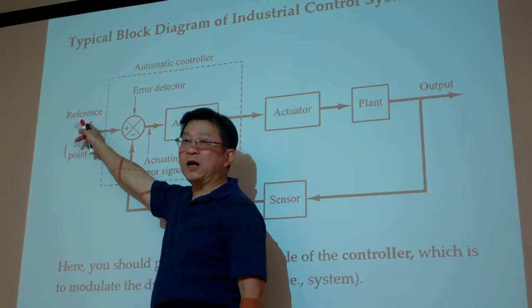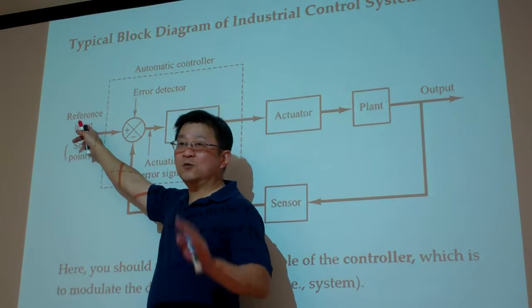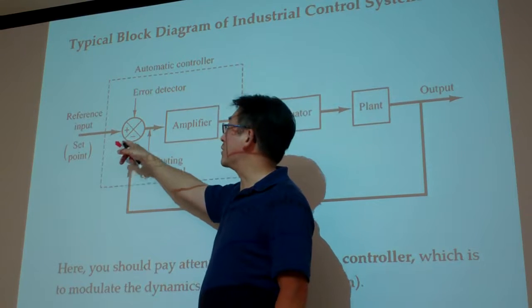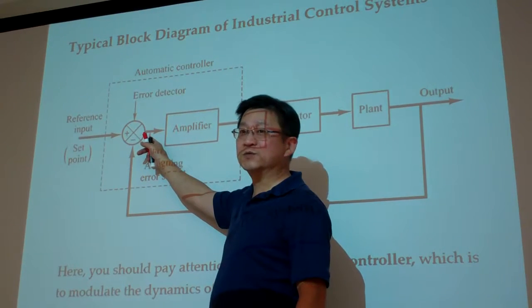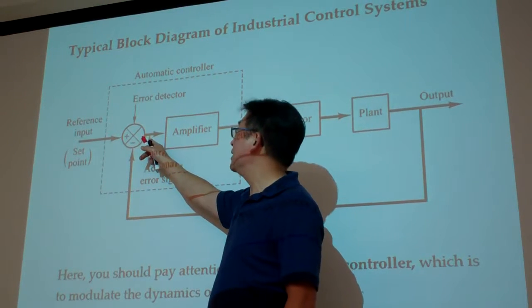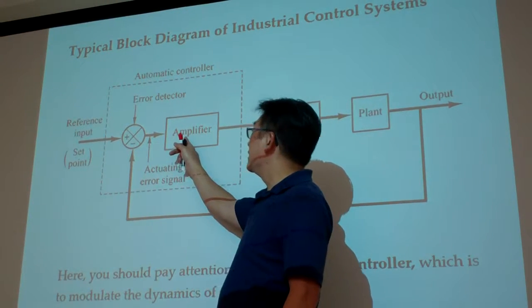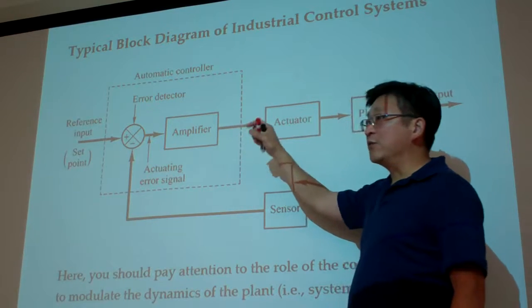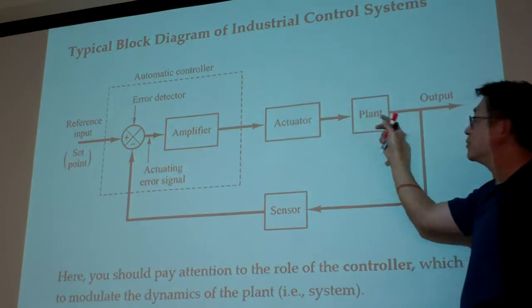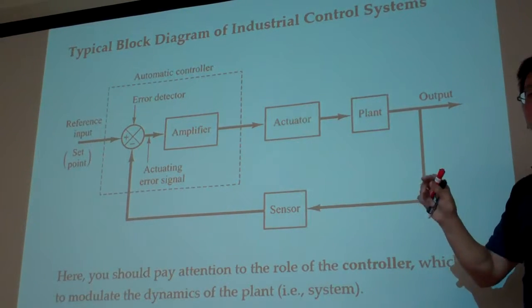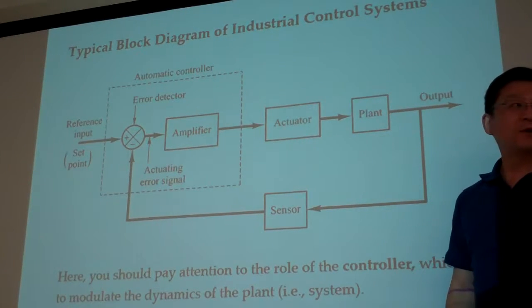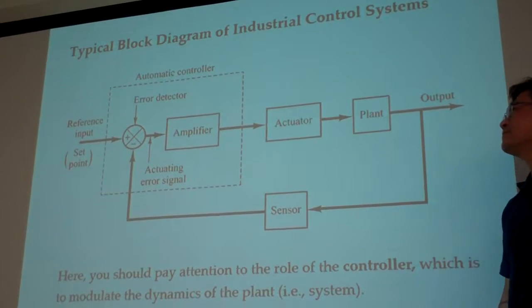Our reference input, our design, is 90 degrees. So here we have a 5 degree difference. So this closed loop takes the difference, 5 degrees, and I ask the amplifier to amplify a little bit more to make the motor step ahead a little bit by 5 degrees more. So that is the thinking.